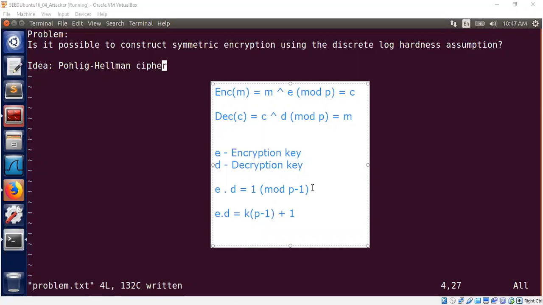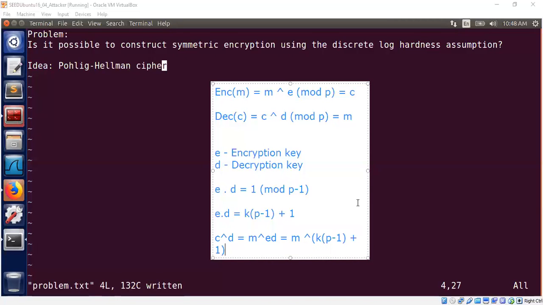Let's consider the decryption now. We compute C to the power D. That's the purpose of decryption. How did we produce C in the first place? We produced C by doing M to the power E. So we have M to the power ED, which we can rewrite as K times (P minus 1) plus 1.